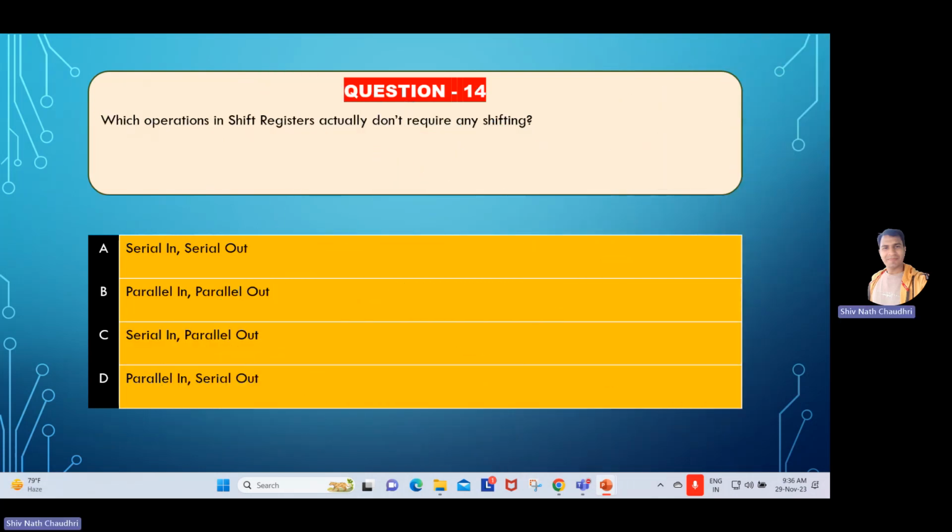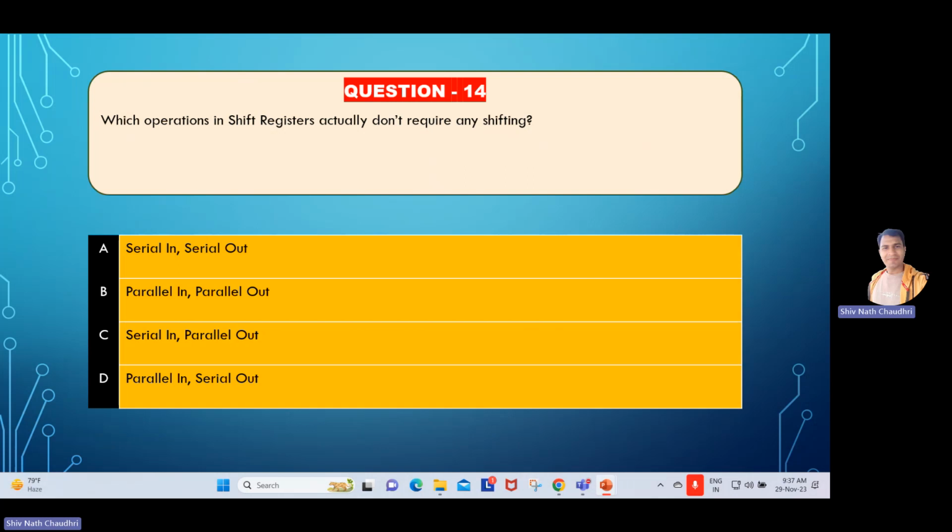Which operations in shift registers actually don't require any shifting? For serial in you require shifting, for serial out you require shifting. For parallel in, no shifting is required, just 1 clock pulse to insert the data.